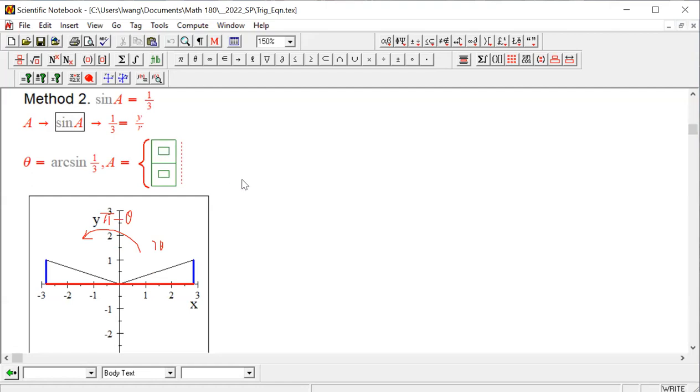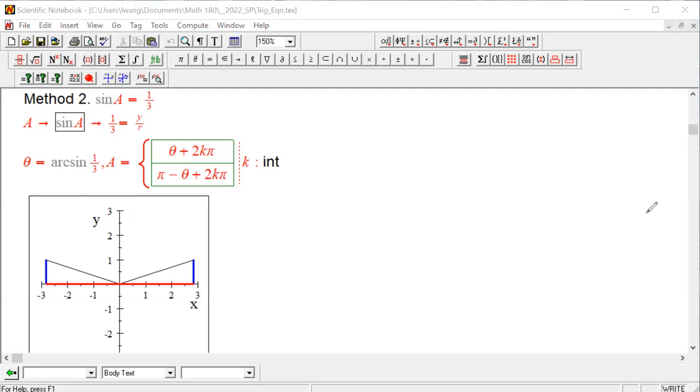It's theta plus 2k pi, or pi minus theta plus 2k pi, and k is any integer. Sorry, the picture just messed up. Okay, so you got it. If you have a question, let me know.